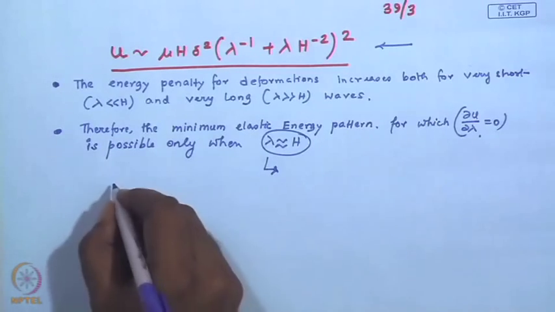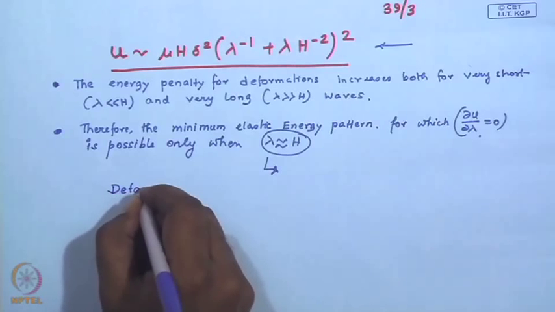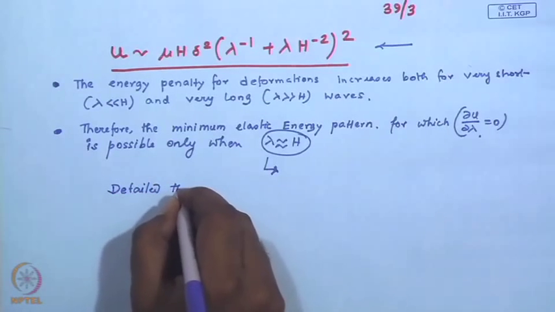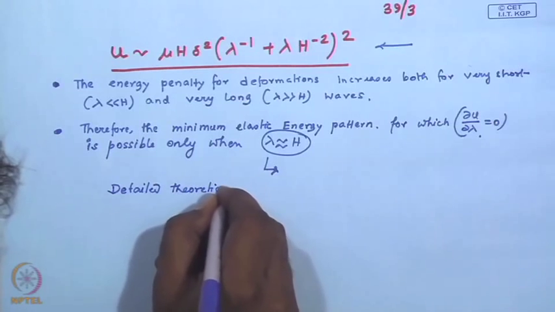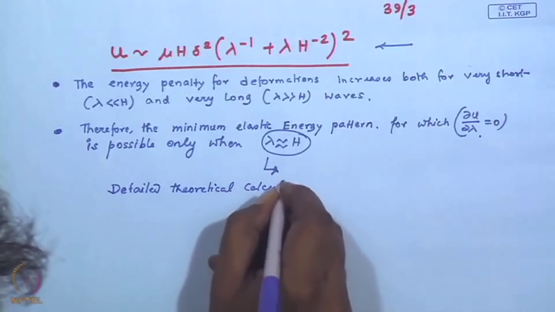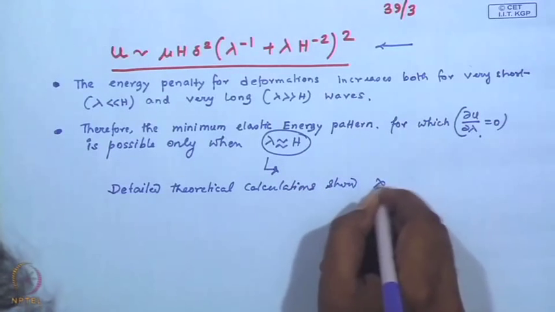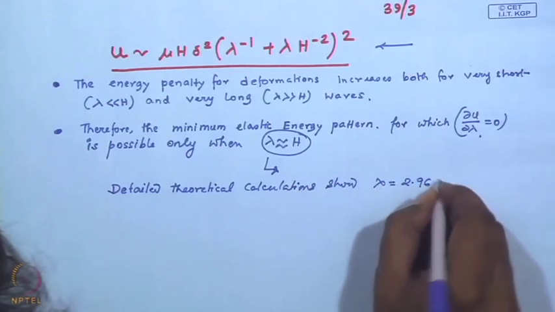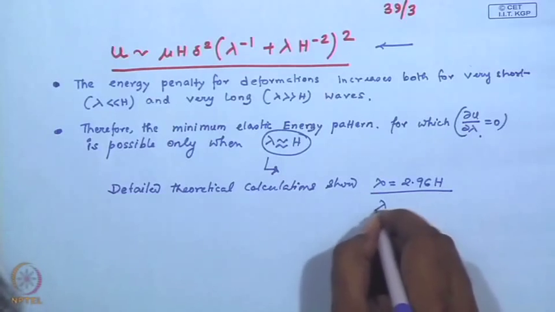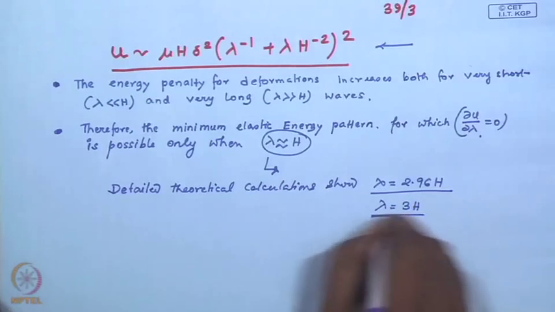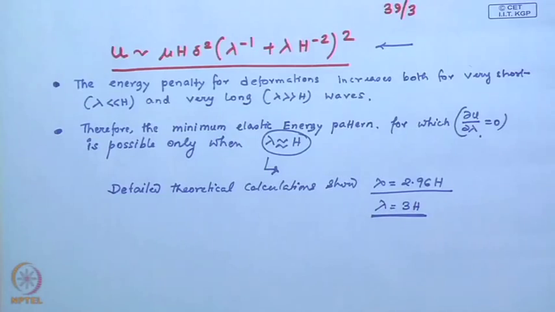And detailed theoretical calculations show a prefactor close to 3. So, lambda is roughly 3 times the film thickness, and this has been verified in experiments.